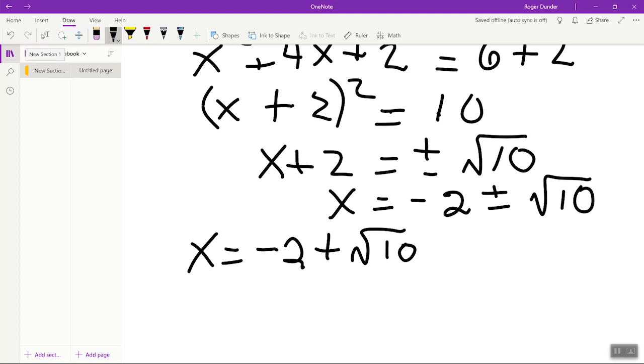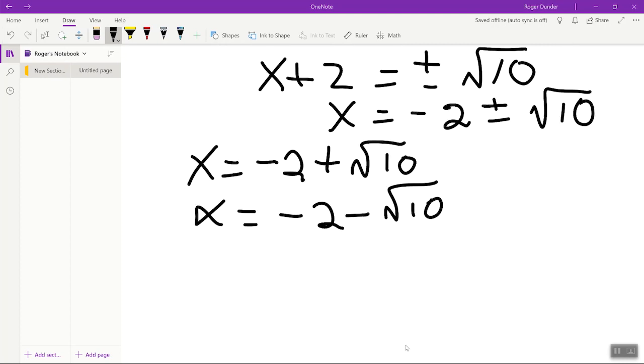Plus square root of 10, and then we have x equals minus 2 minus the square root of 10. And if you wanted to approximate this with a decimal, you would need to take the square root of 10 and then work this out. So the square root of 10 is approximately equal to 3.16.